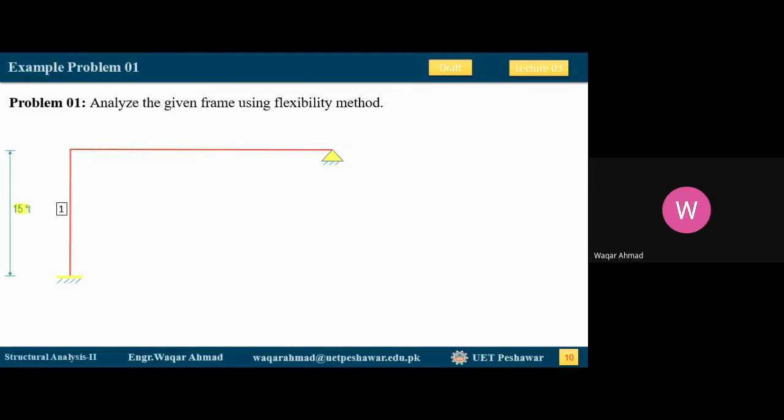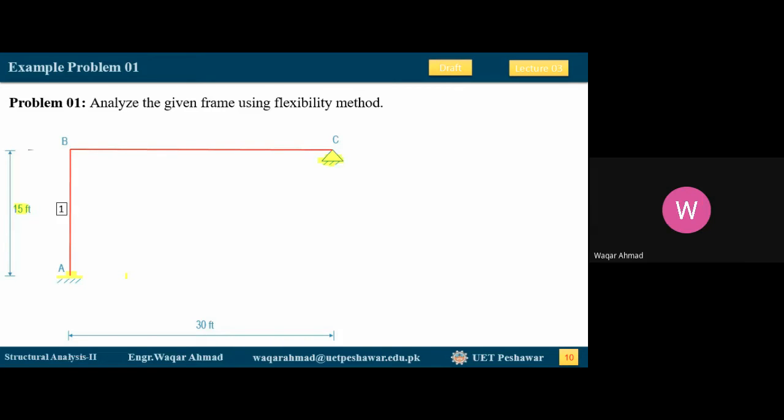The second member, which has a hinge support here, has a length of 30 feet. This is joint A. This is joint B. And this is joint C.